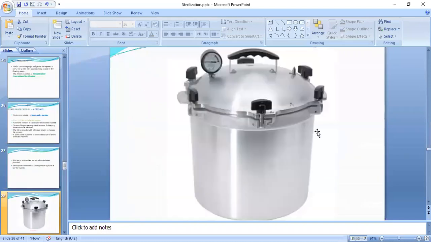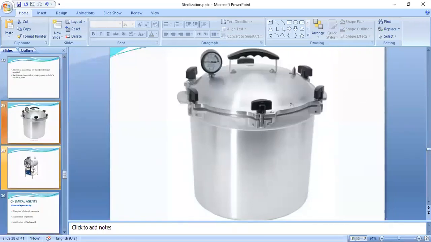This is the autoclave, this is the pressure gauge, and this is the lid, and the heat is given by the electrical method. This is a horizontal type, this is a vertical type, and these are the autoclaves.